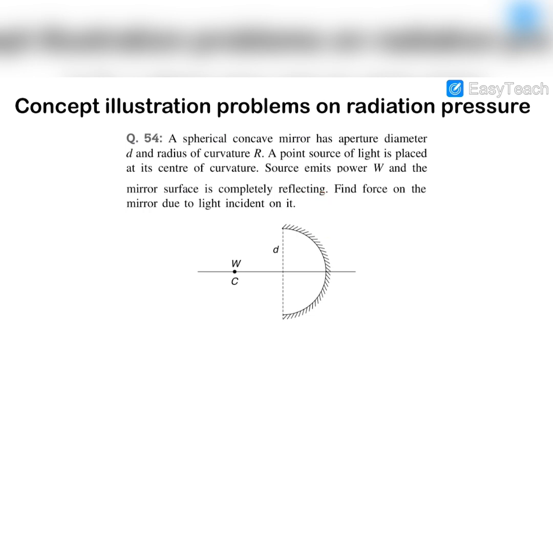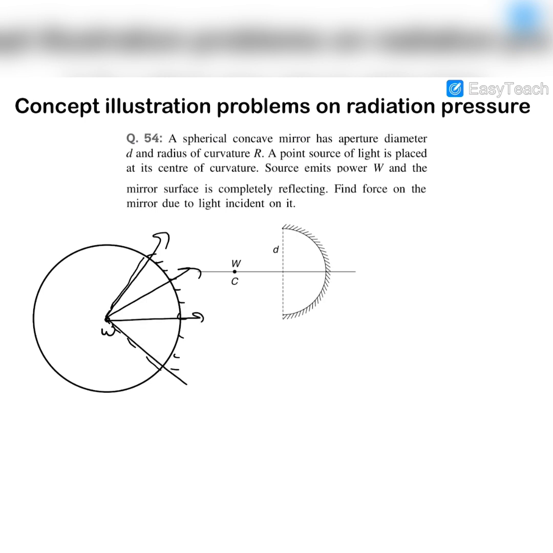Now obviously the situation is this: the source is kept at the center of curvature of the mirror, and let us suppose that this is the mirror. So light will be going normally to this mirror and it would be reflected back onto the source like that.